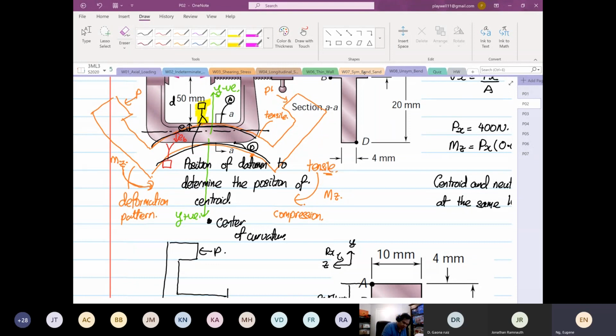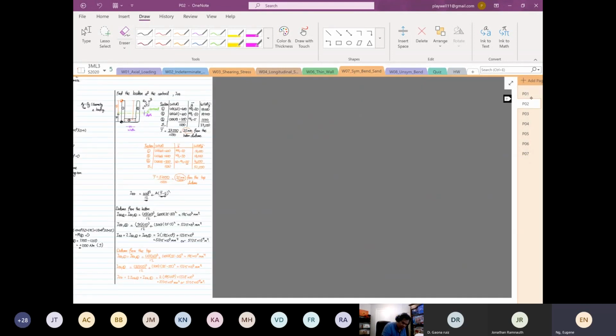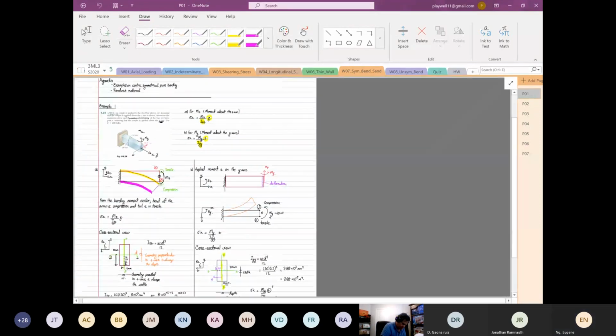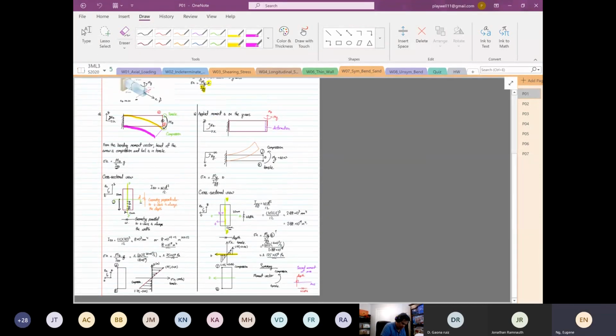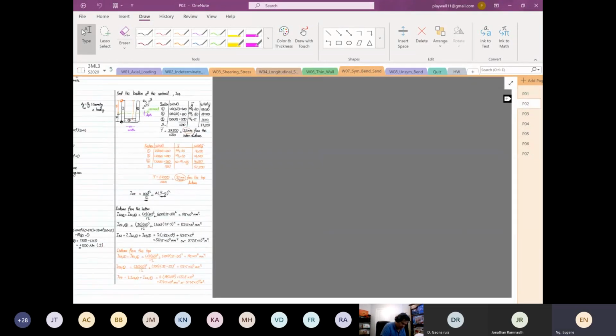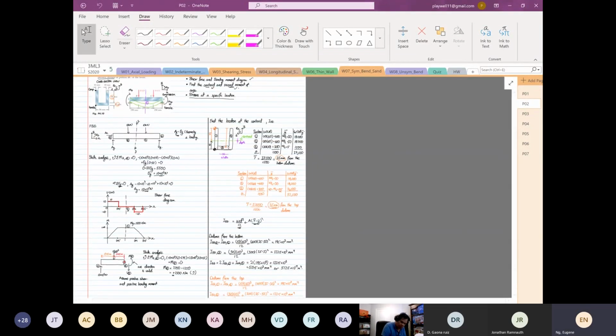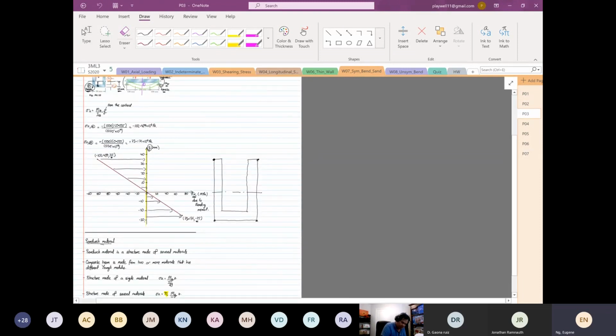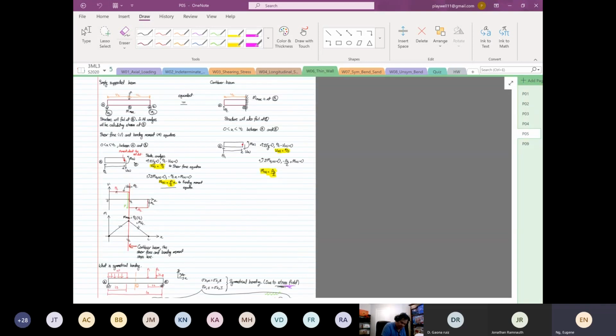So I think I did mention this last week, did I? All right. Oh, maybe not. Maybe I did not mention this last week. Wait, let me see. Did I mention this last week? No. Okay, so y'all will not know the center of curvature. Is it the one before last?